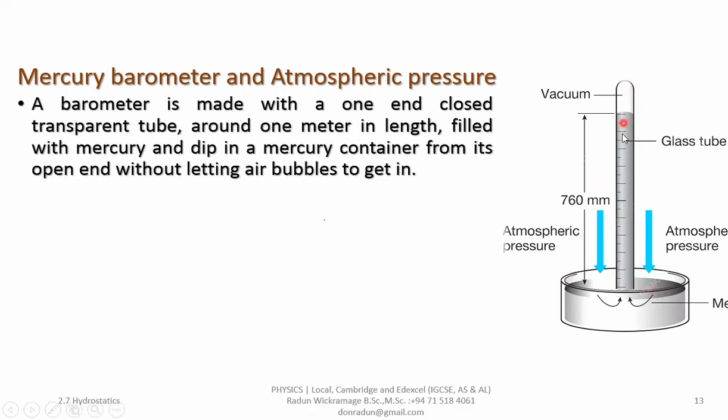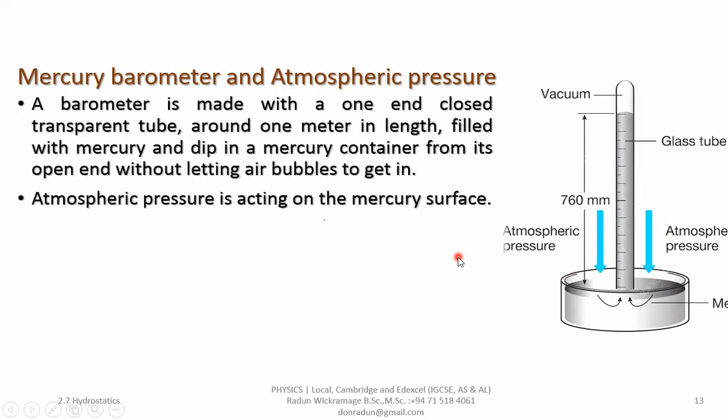Then when we keep it like this, it will come to equilibrium at a certain height. The atmospheric pressure exerted on the container is balanced by the height of this mercury column. So we can measure the atmospheric pressure by the height of the mercury column.